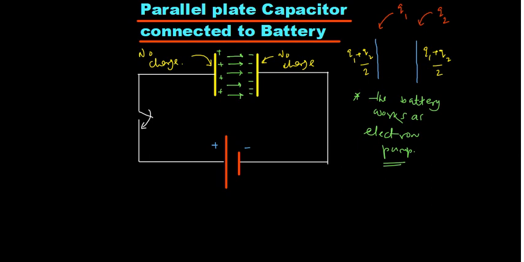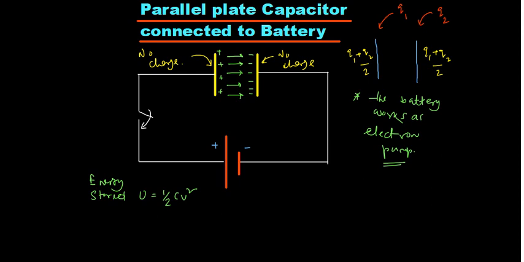So we know that in this kind of process, energy is stored across the capacitor. So in such circumstances, the energy stored U will be given as half CV square. Okay. Remember this particular thing. Why am I writing this?